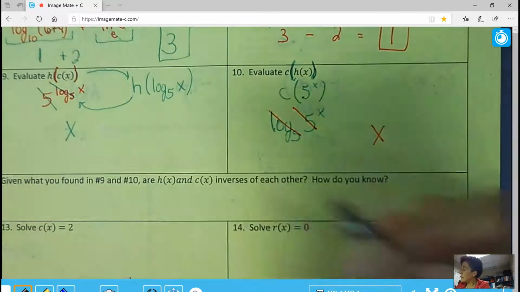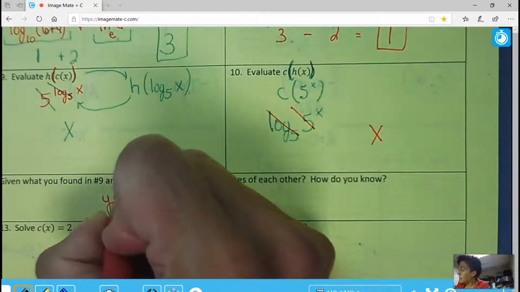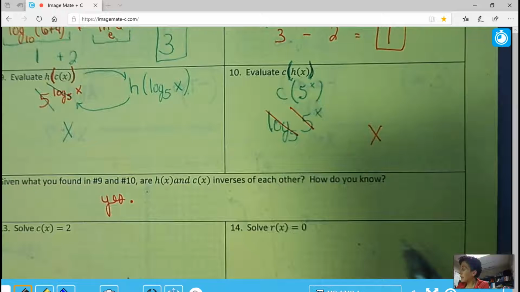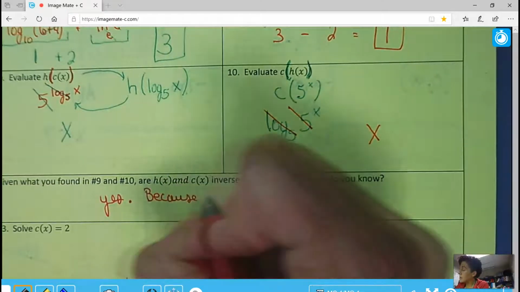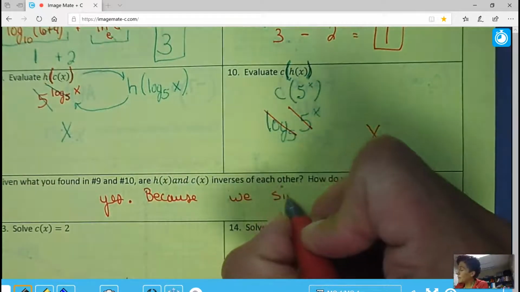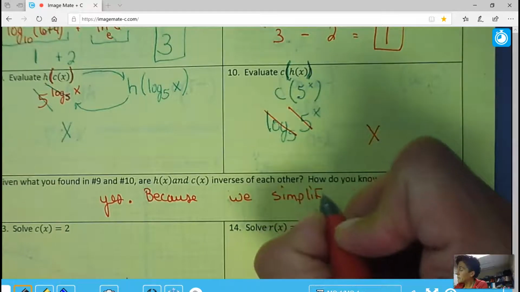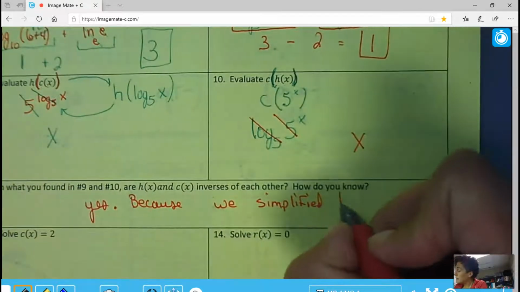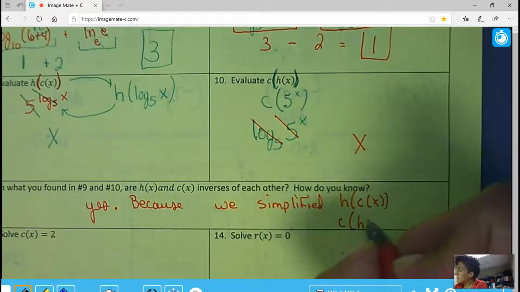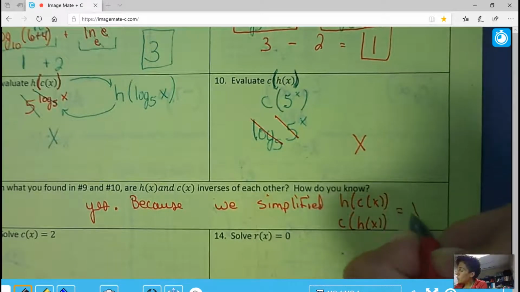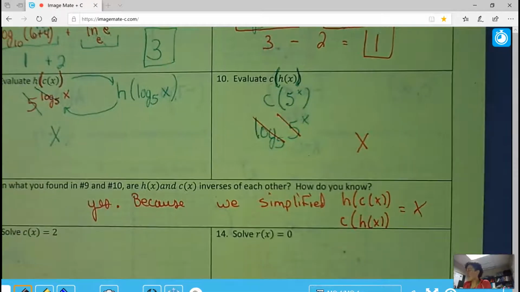So are they inverses of each other? Yes, they are. And how do you know? Because we simplified this and this, and when we're done, we got x on both of them. So just a little side note there.